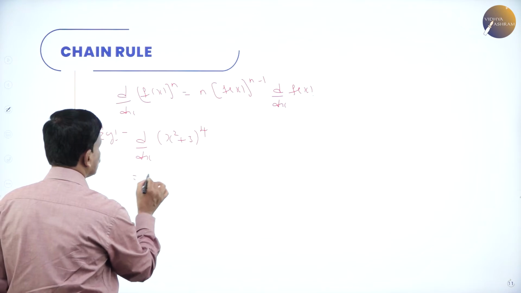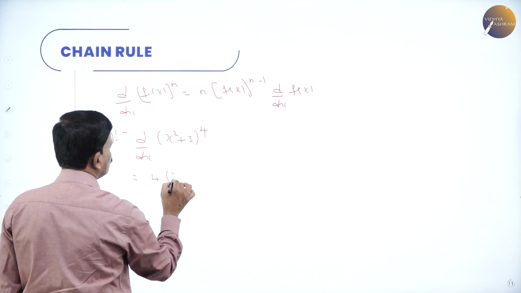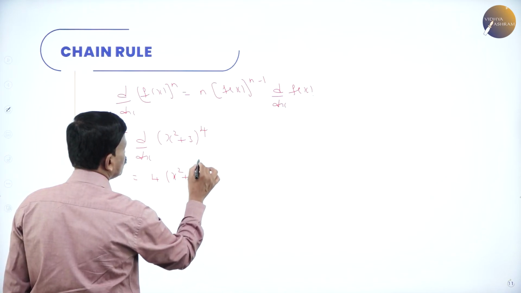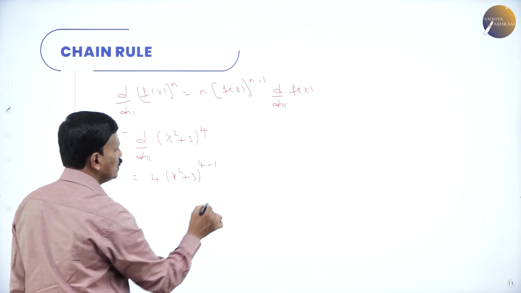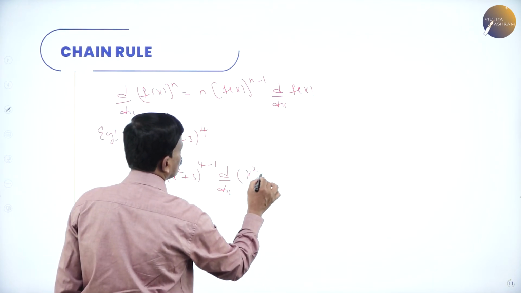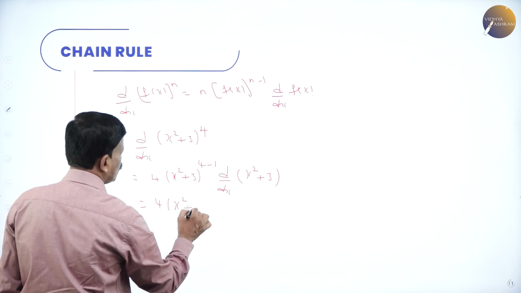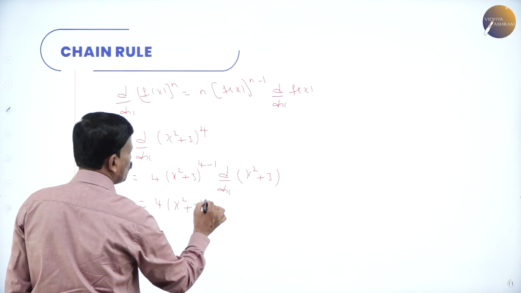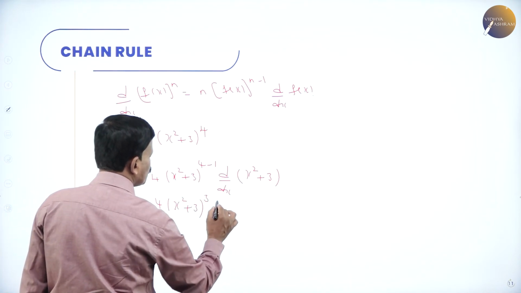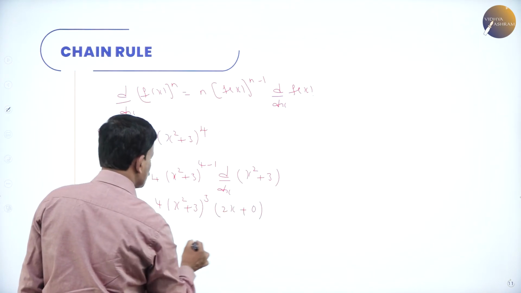So this can be written as n into f of x to the power of n minus 1, that is 4 into x square plus 3 whole to the power of 4 minus 1 into d by dx of the inside function x square plus 3. So this is 4 into x square plus 3 whole to the power of 3 into differentiation of x square, you know, 2x, and derivative of a constant is 0.